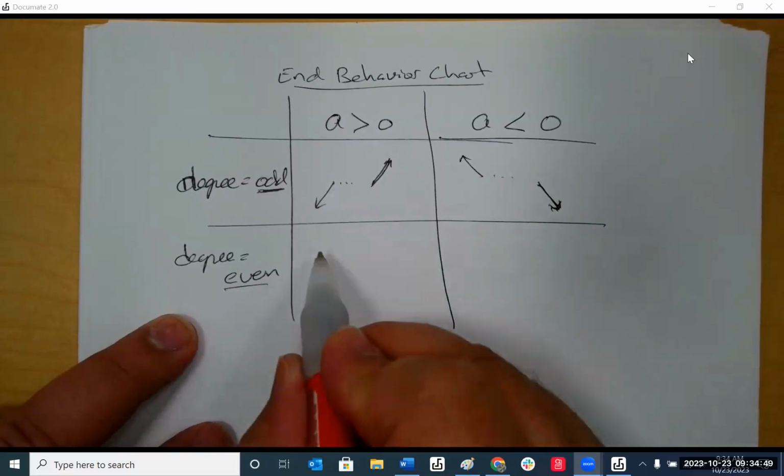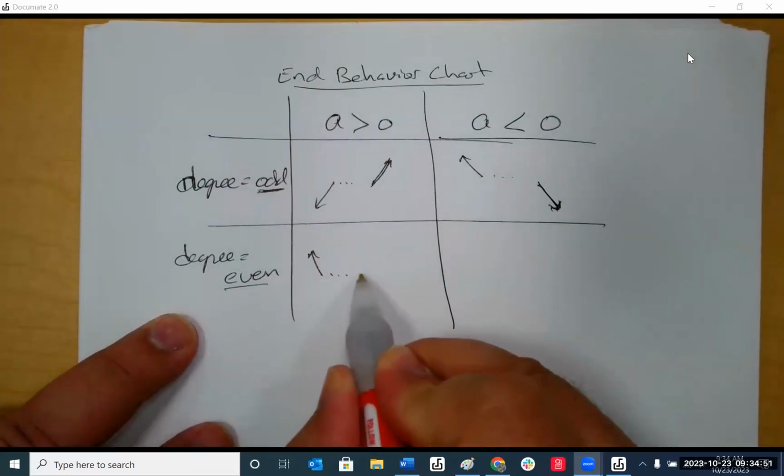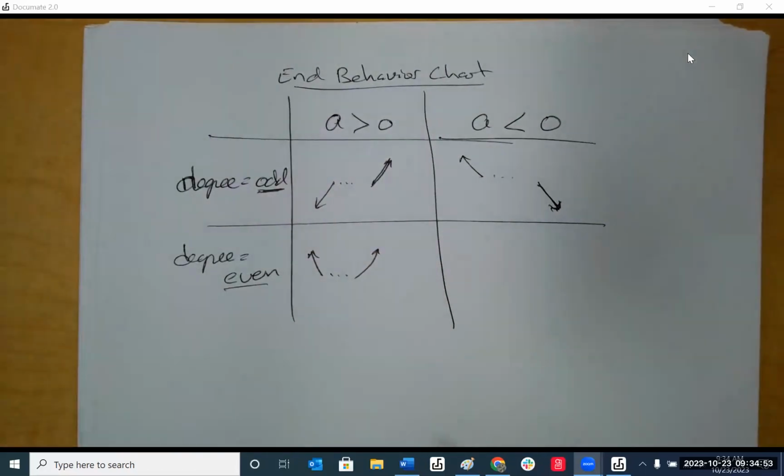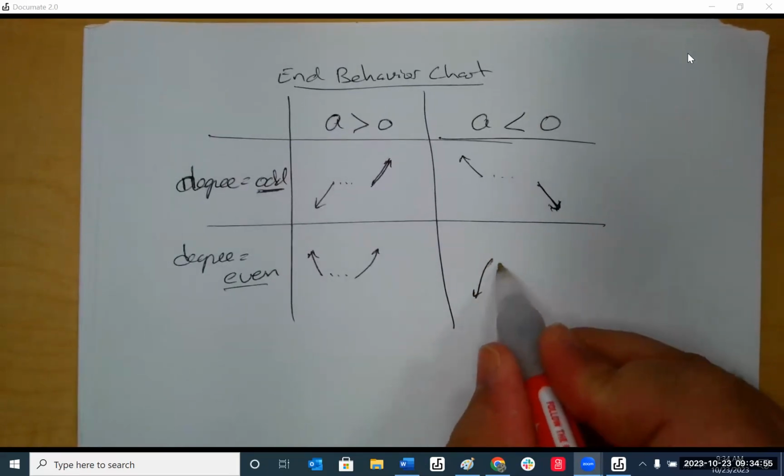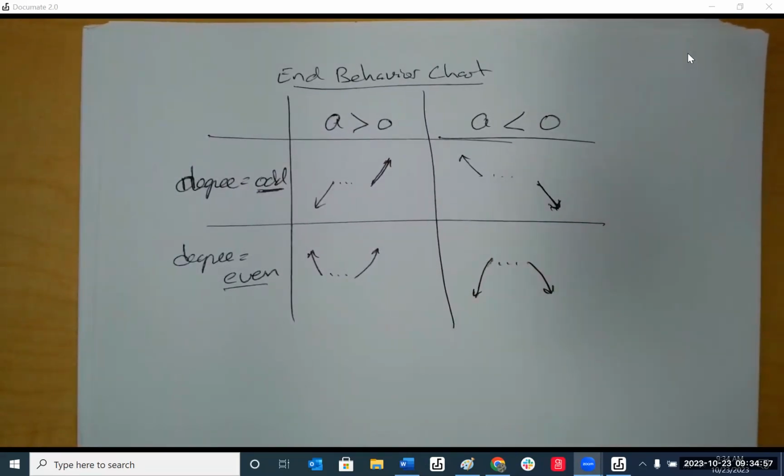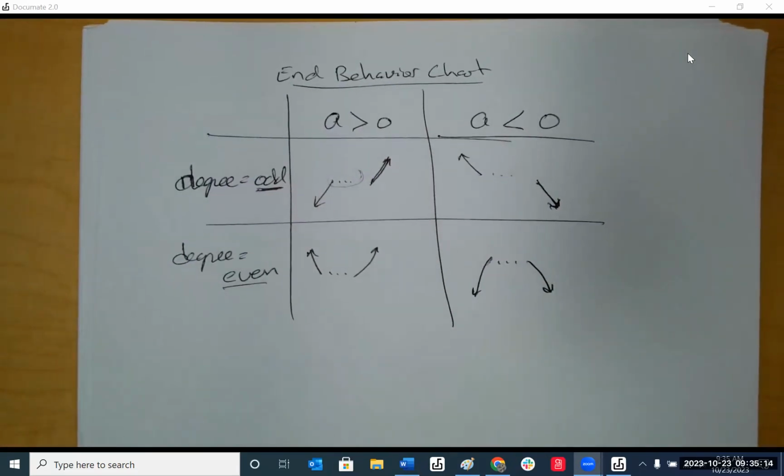If the degree is even, both ends point up if A is positive, and both ends point down if A is negative. So there's your chart. And the middle part, that's where we solve for the x's and see whether it crosses or bounces.